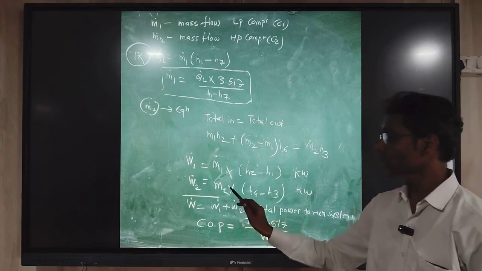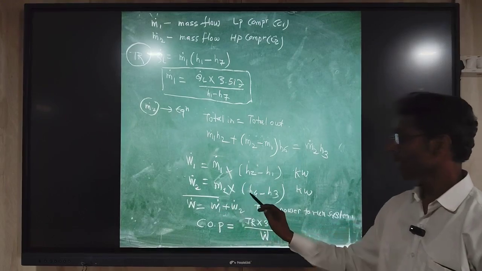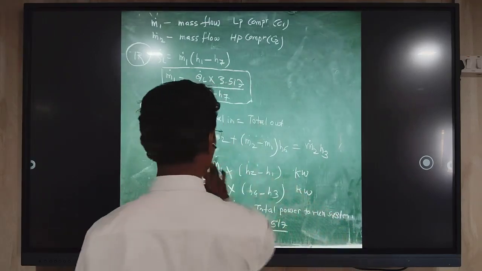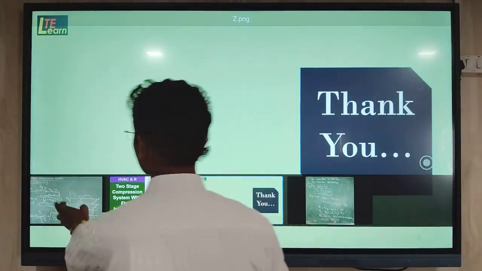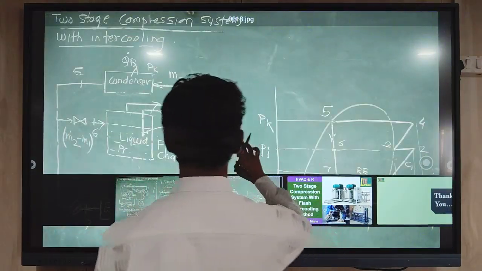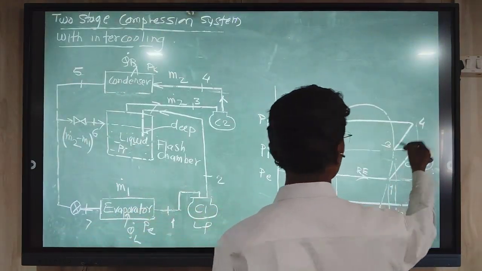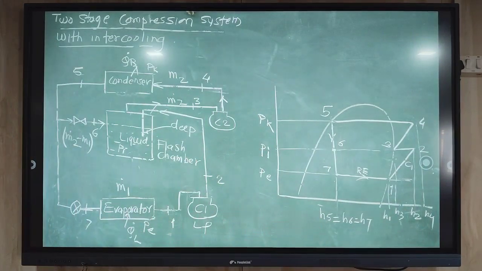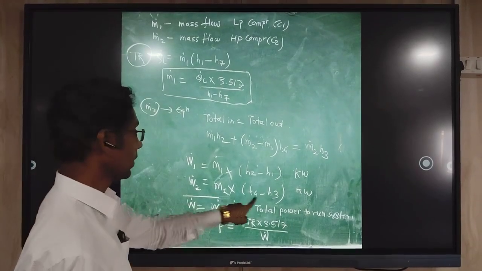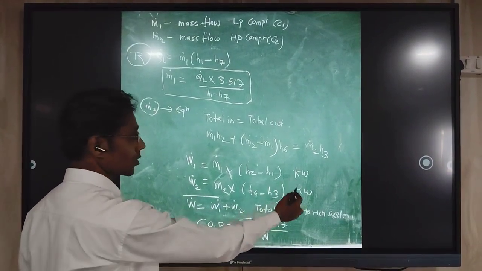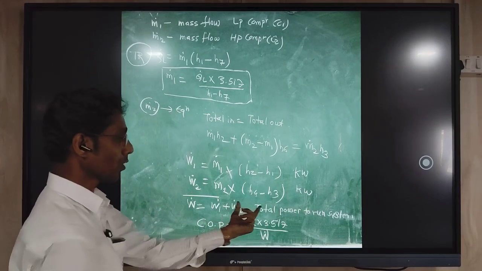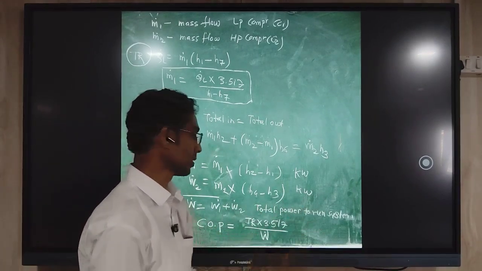For compressor 2, the mass flow rate is M2 dot and the enthalpy difference is H4 minus H3, because in the diagram, 3 and 4 is the compression process. Both consumptions are in kilowatt. The summation of both compressors' consumption is the total power required to run the system.